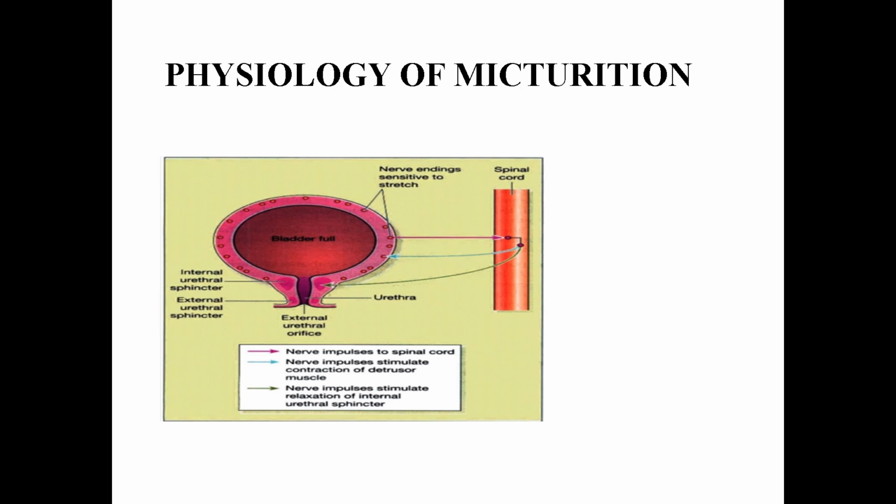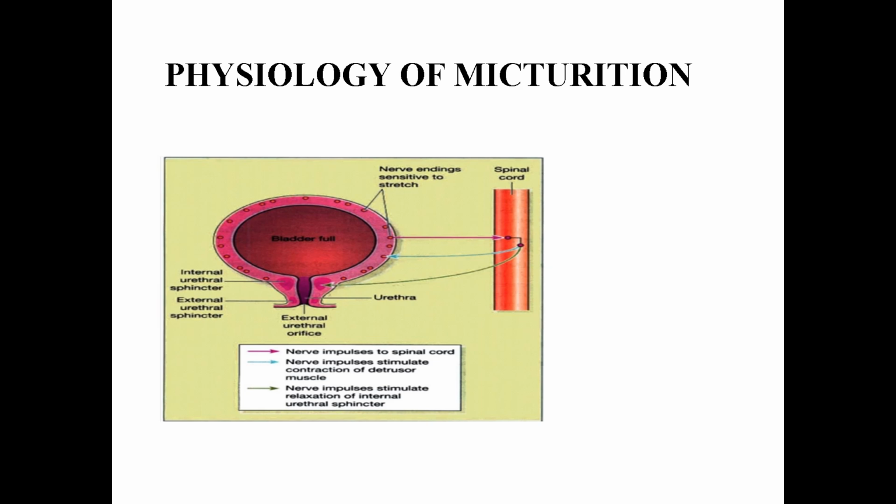These afferent nerves are known as the sensory nerves. So the information will be sent to the spinal cord, okay? And then the efferent nerves will cause contraction of the muscles of the bladder. These efferent nerves are known as motor nerves.